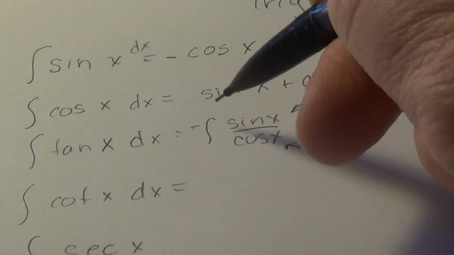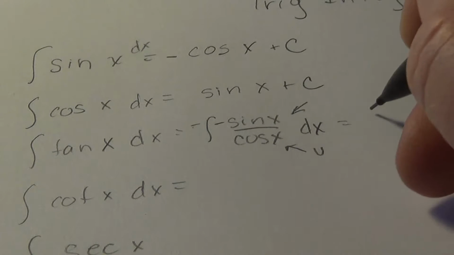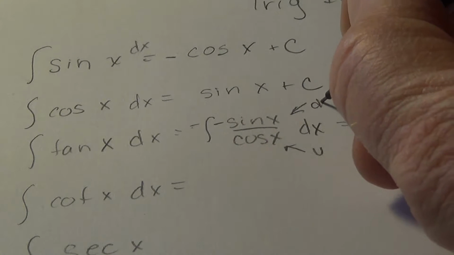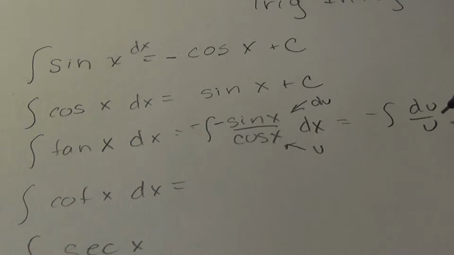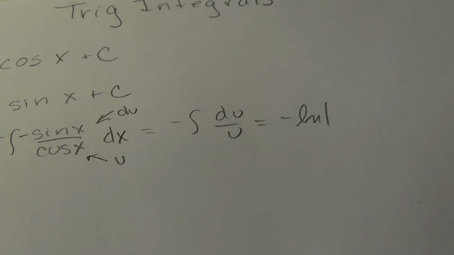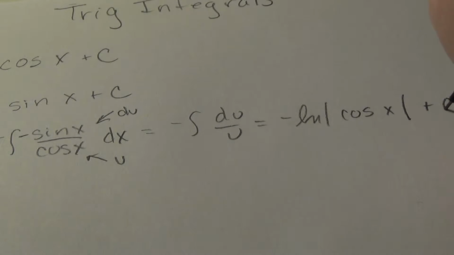So if I put in a negative and then put one on the outside, I end up right away with negative an integral of du over u, which in this case is negative ln absolute value cosine x plus c.